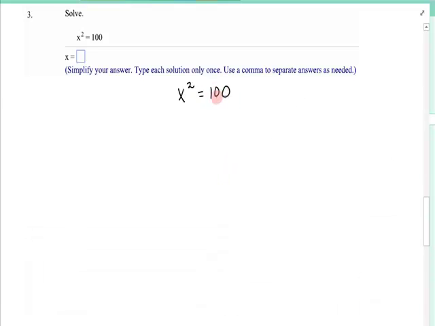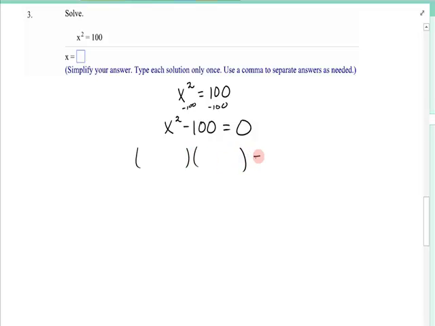This is not equal to 0 yet. It is a quadratic, but it's not equal to 0. So I need to subtract 100. At this point, many of you would just say, I moved it over, and that's fine. So x squared minus 100 equals 0. Now we're in the right form to solve a quadratic equation by factoring.